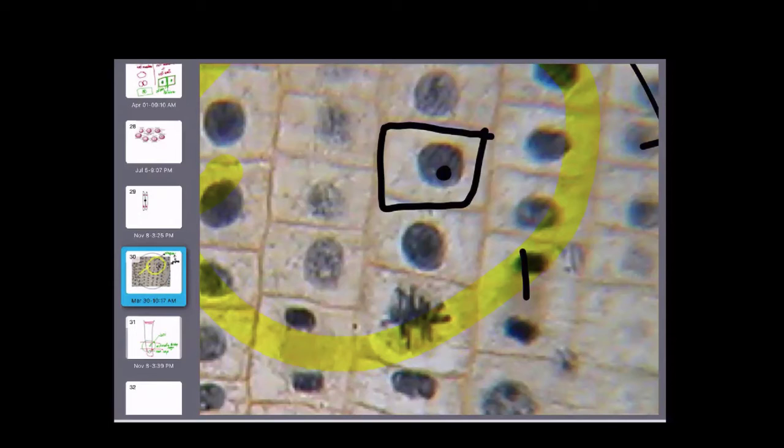Anyone remember what the dark spot inside the chromatin often represents? The nucleus. So this whole thing is called the nucleus, but the dark spot inside, nucleolus, which remember codes for your subunits of your ribosomes, ribosomal subunits.